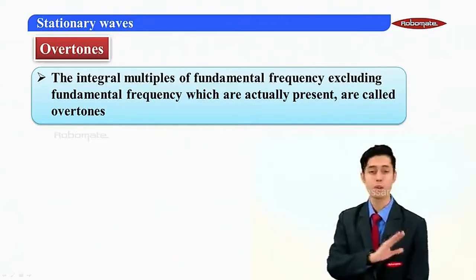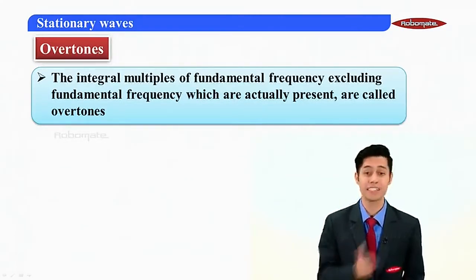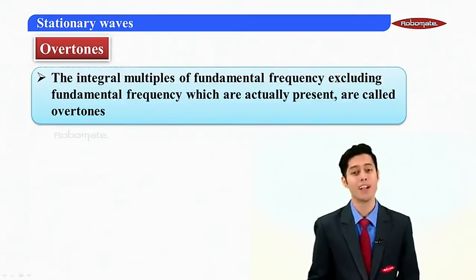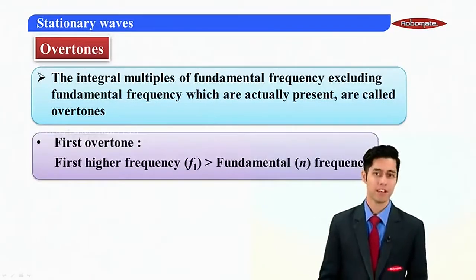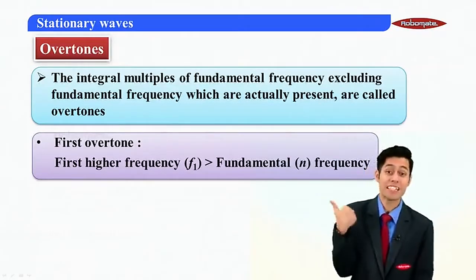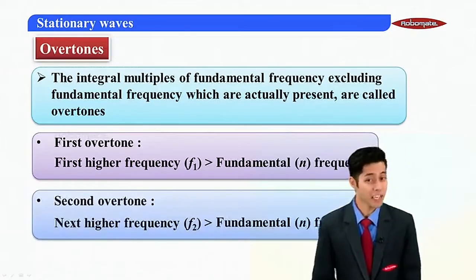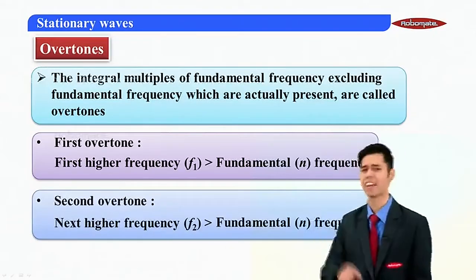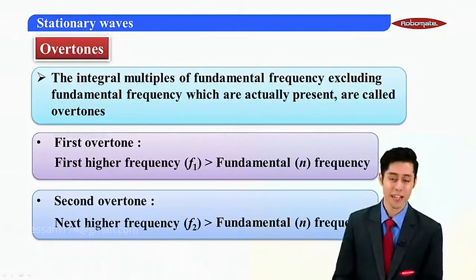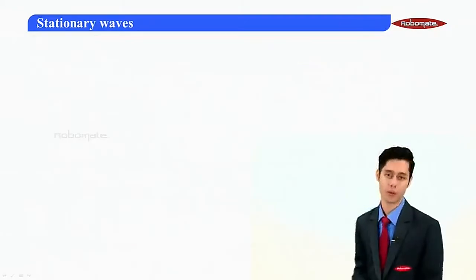So in overtones, I'm not considering the fundamental frequency, but all the other frequencies except for the fundamental which are actually present are called overtones. So the first overtone will be the first higher frequency which is greater than the fundamental frequency. The second overtone will be the next higher frequency. So can I say I now know the meaning of overtone?